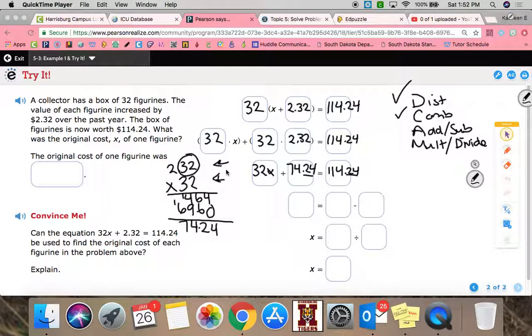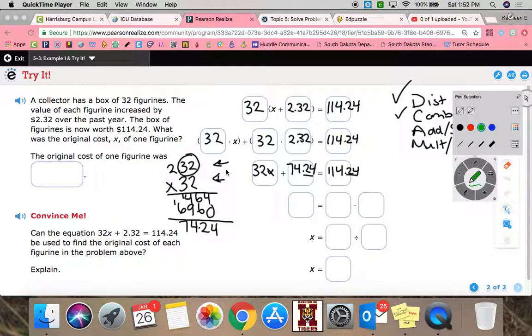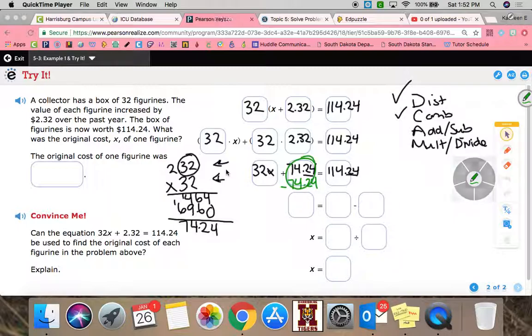Here we're adding 74.24, so the opposite of that would be to subtract 74.24 from there, and we're going to get 0. And then we're going to subtract 74.24 from over there as well. 24 minus 24 is 0. 4 minus 4 is also 0. 11 minus 7 is 4, so we get 40.